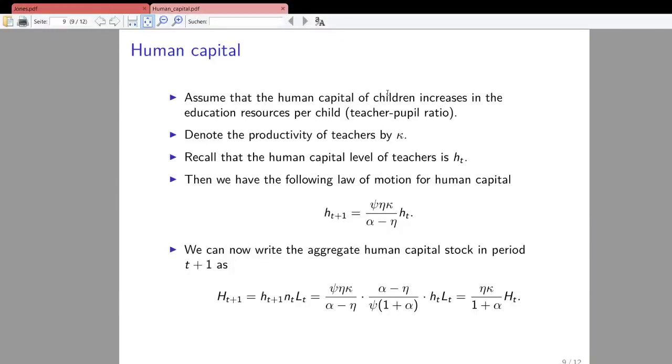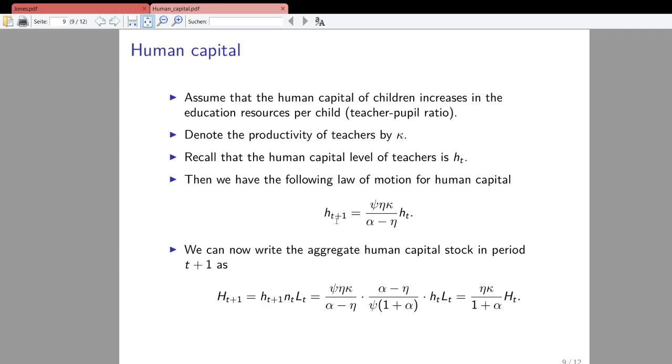In this next step, we assume that the human capital of children increases with education resources that are spent on each child, so it increases with the teacher-pupil ratio. And we denote the productivity of teachers in producing human capital of children by kappa. Now, recall that the human capital level of teachers is h_t.